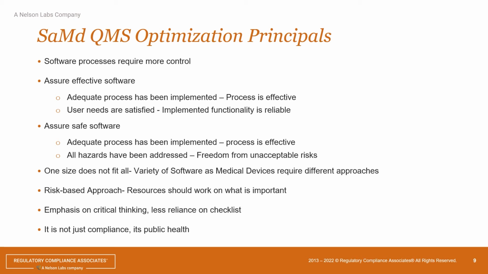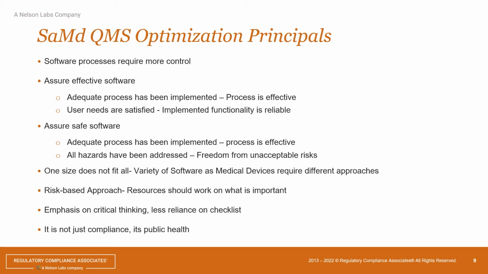And we just have to keep in mind that there's two major things that we do for any sort of medical devices. One is to ensure that it is effective. It does perform as expected, which means that we have the quality system in place to make sure that our process is effective.